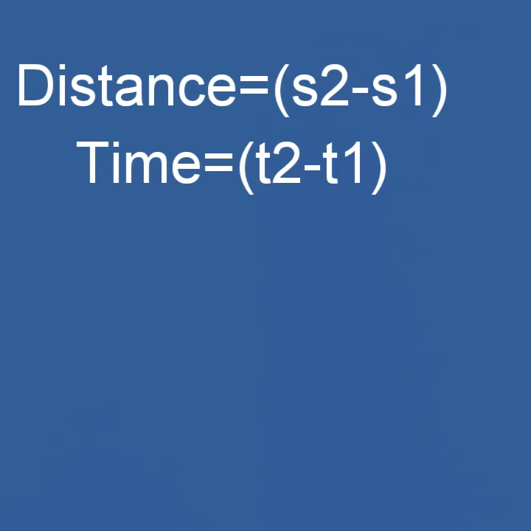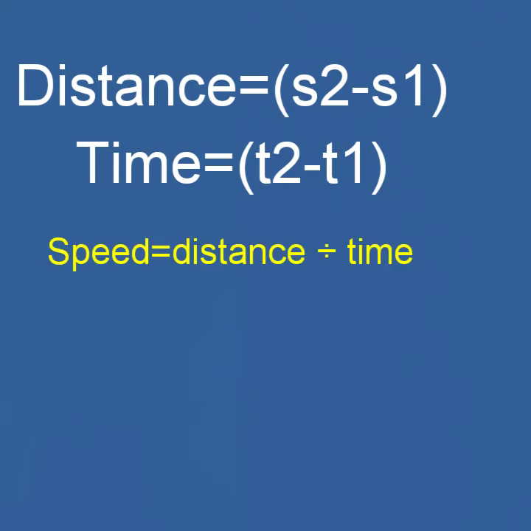From the graph, distance is equal to S2 minus S1 and time is equal to T2 minus T1. And we studied that speed is equal to distance divided by time. So from the graph, we can find the speed as (S2 minus S1) divided by (T2 minus T1).